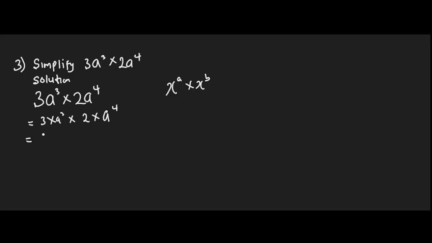Here, we bring the numbers together, 3 times 2 times a raised to power 3 times a raised to power 4. Here, 3 times 2 gives us 6. Here, you have same base, and the operation between them is multiplication, which is going to give us a plus b. So we are going to have a raised to power 3 plus 4. Here, we are going to have 6a raised to power 7. We have done that.